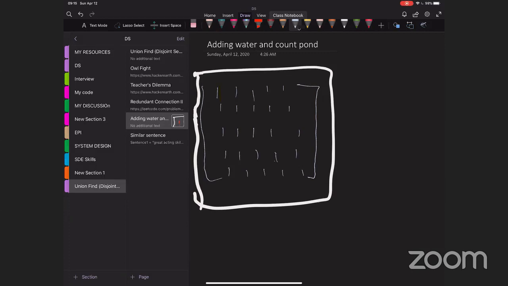So in this example, let's say 0, 0, make it water, right? So I'm going to make it water, and then tell me the islands. How many islands do I have? So in this case, how many islands do I have? One.